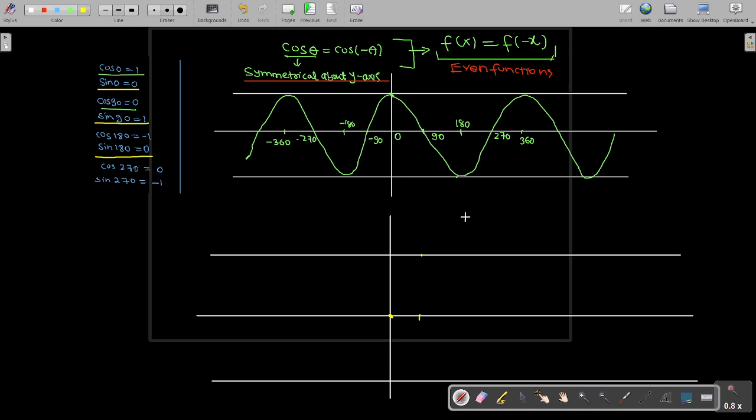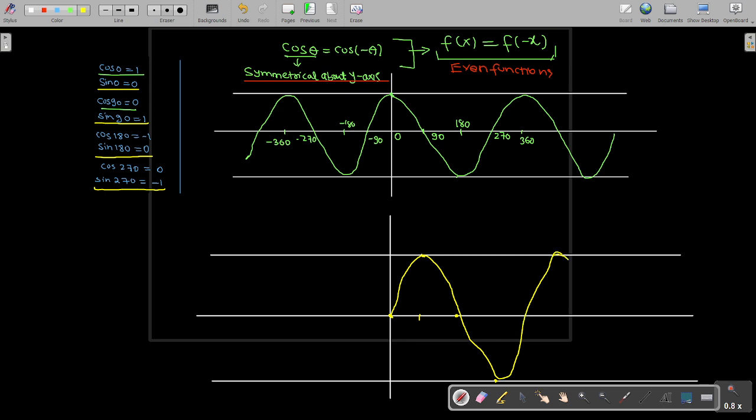Now sine 270 is minus 1. So it goes up and comes down like this, and 360 is 0.